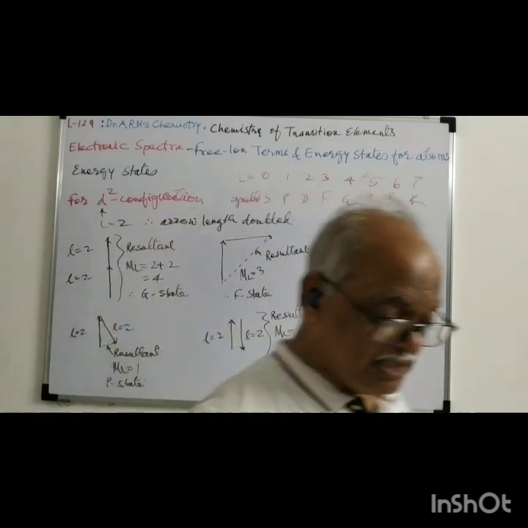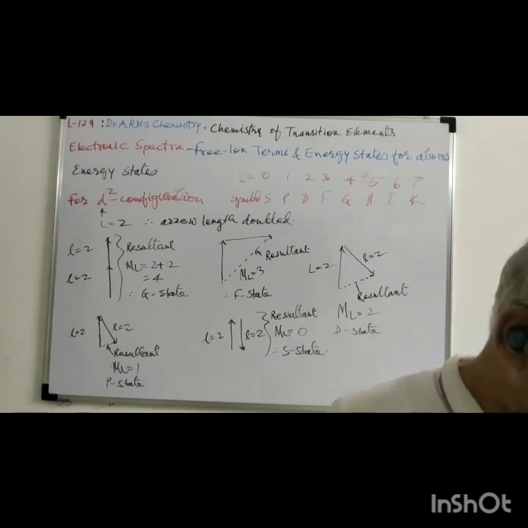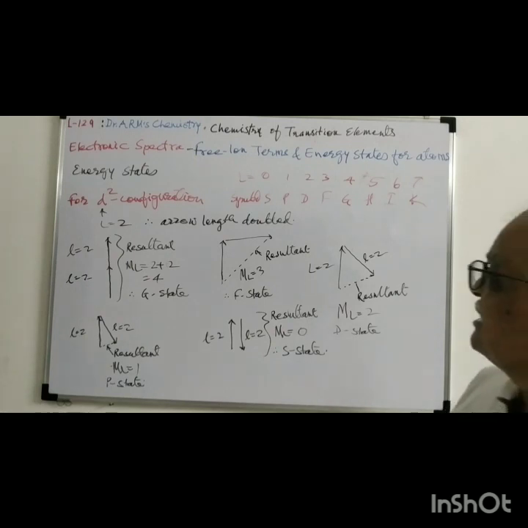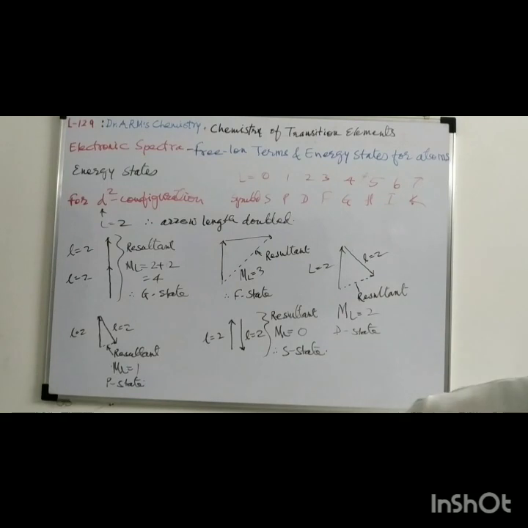So in this way the d electrons show the configuration with different ML values and their electronic states, that is energy states of different arrangements.